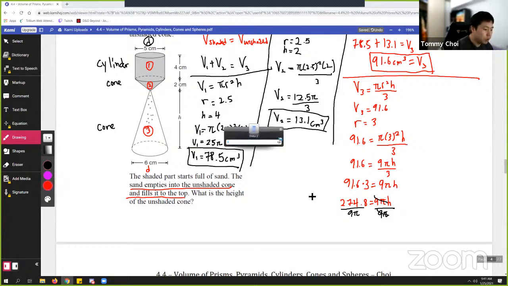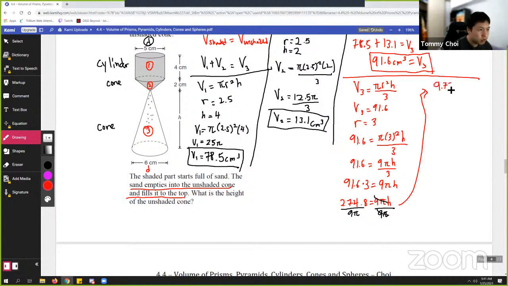And so we do 274.8 divided by 9 divided by 3.14. And we're going to get our final answer of 9.72 centimeters cubed is equal to h.